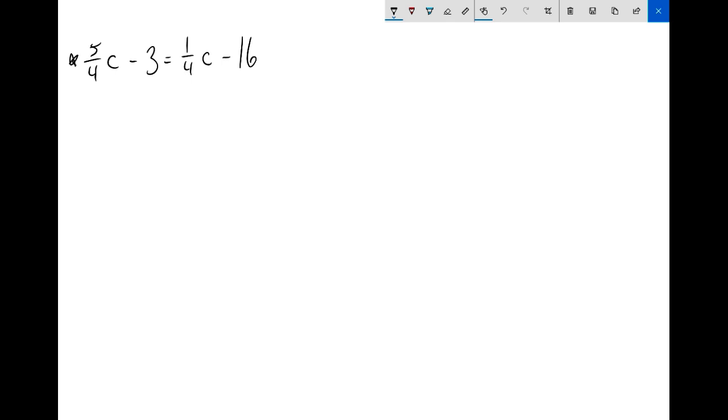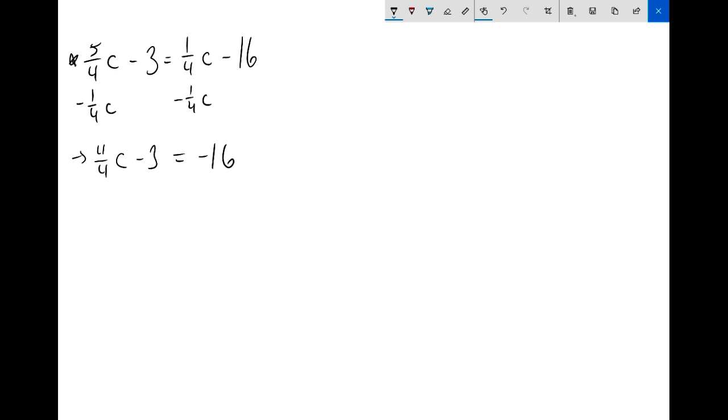Okay, so this one, you can just solve it like normal, leaving all the fractions there. So, did anybody finish this one? Did anybody actually do this one? Anybody? Okay. So you could just use the same strategy and say, okay, I would just take away 1/4 c from this side, right? And then you got 5/4 minus 1/4, so what is that? 4/4 c.